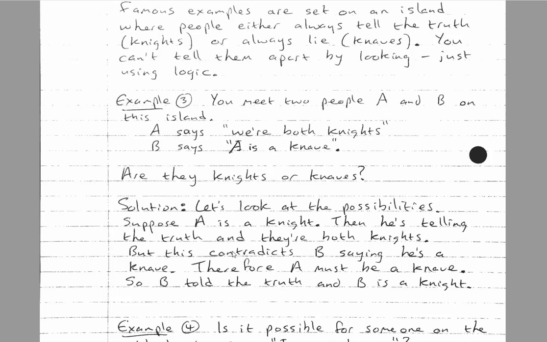So that doesn't work. That tells us that if you assume A is a knight, you get a contradiction, so that cannot be true. So A must be a knave. If A is a knave, then everything he says is false, so they're not both knights.